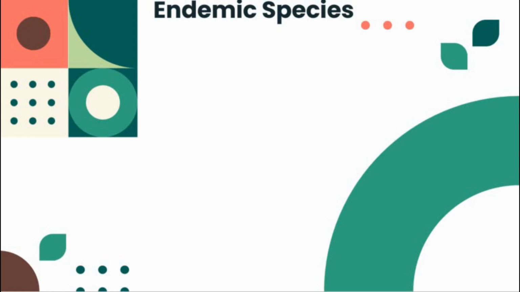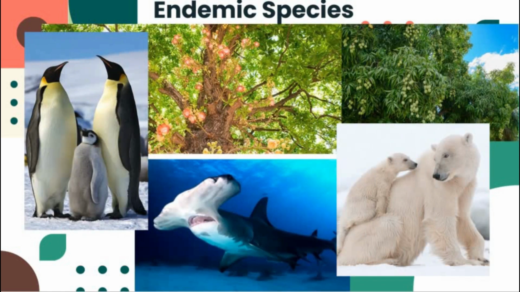Endemic species. Let me start with the examples. Penguin, ostrich, camel, polar bear, hammerhead shark, hippopotamus are the examples. Hope now you understood what endemic species are. Anyway, let me give the definition. Species of plants and animals found exclusively in a particular area are called endemic species.